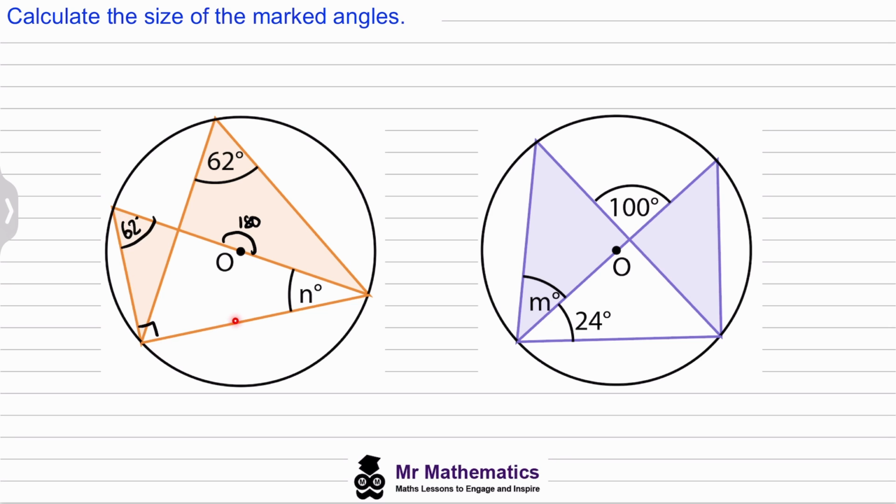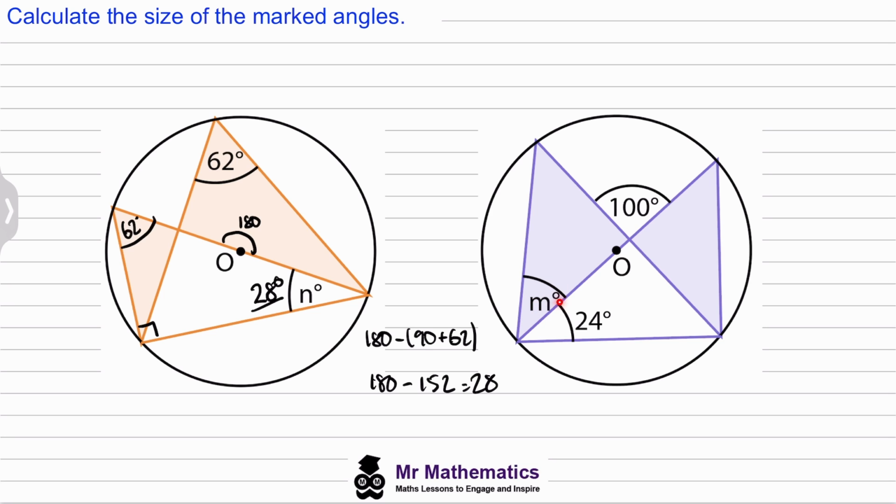So we've got a right angle triangle in this semicircle. So angle N will be the 180 minus the 90 plus the 62. So 180 minus the 152, which will give us 28 degrees, okay? So angle N is 28 degrees.